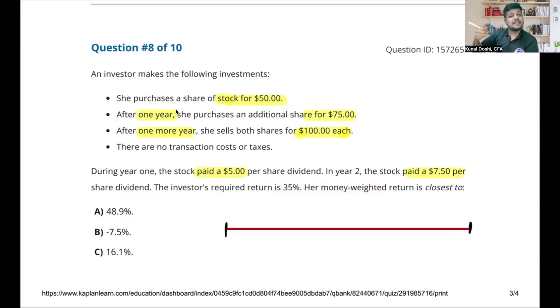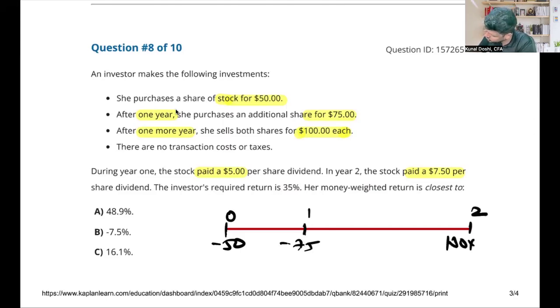So let's plot everything in the cash flow here. During period 0, she purchases stock for 50, so minus 50, think from cash flow point of view, not holding period. At the end of the first period, what happened? She purchased another stock for 75, correct? And after one more year, at the end of the second year, she sold both the stocks at 100.